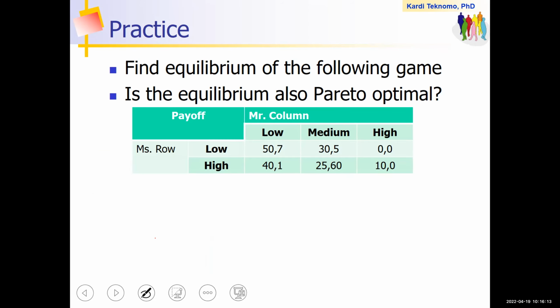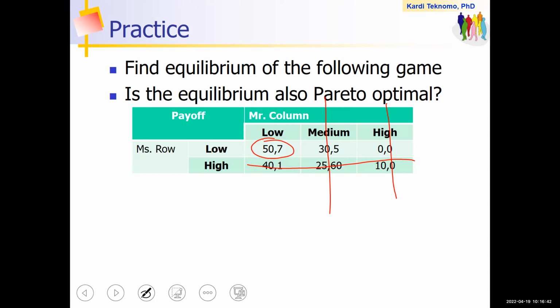Then let's delete that high. Now you play row again. So 50 to 40, 30 to 25. That will not play high, right? And then now between the two, now you play column. Will not play medium, right? So you have, this is the equilibrium.